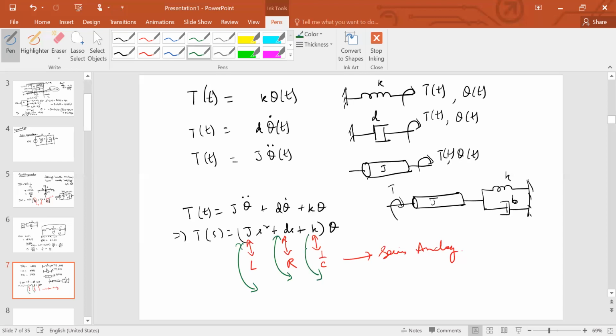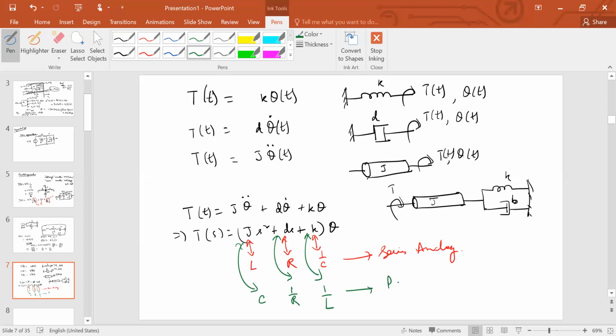the parallel analogs would look something like this. So in this case, the capacitor will replace the J, the moment of inertia. The conductance will replace the damper here, the dashpot, and the reciprocal of the inductance will replace the spring here.